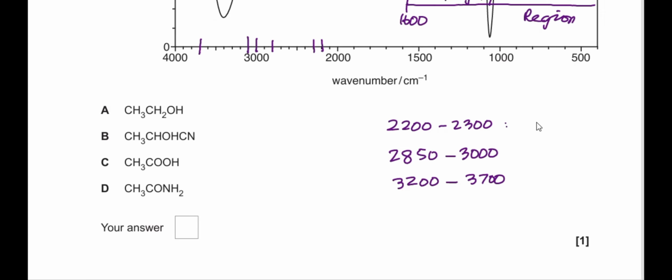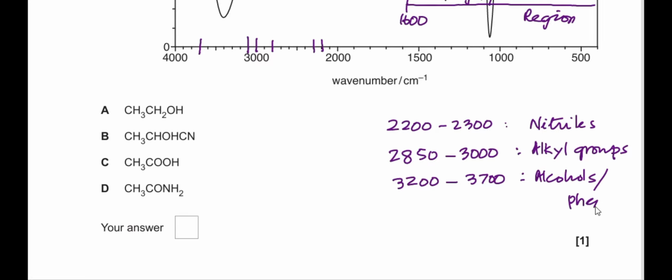So these indicate nitriles, this indicates alkyl group, and this indicates alcohols or phenol.